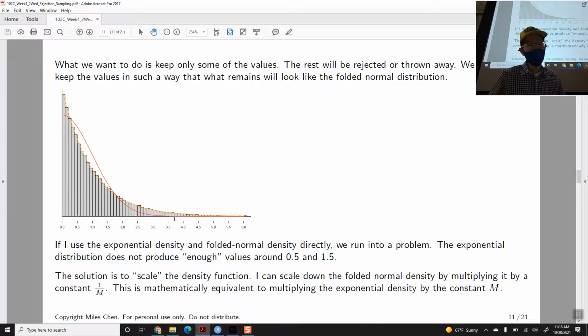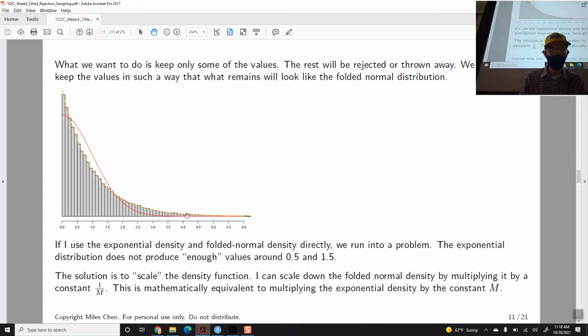And this is going to run into a problem. The exponential distribution produces too many values around 0, and it doesn't produce enough values around 1, 1.5. There's a gap where the exponential distribution is too low, and then it starts producing way too many values around 2, 3, 4, compared to the normal PDF.